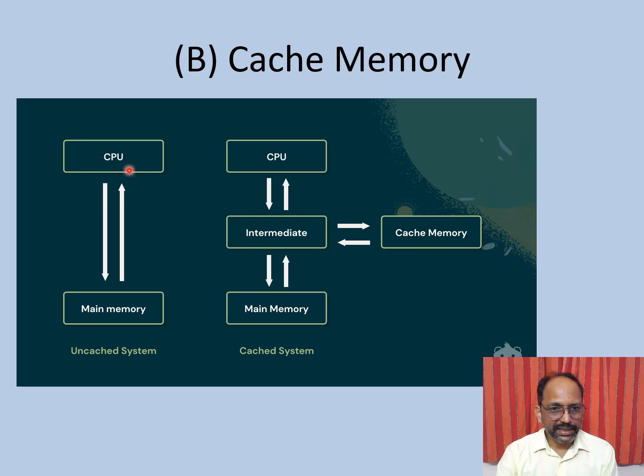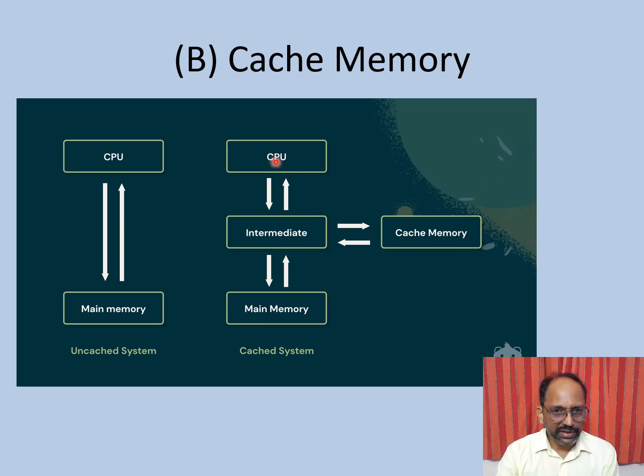Now let me explain the same process with the cache memory. The CPU goes to the main memory for the data, gets the data, and uses it for the process. A copy of the data will be stored in the cache memory.